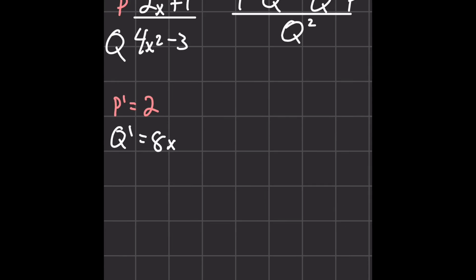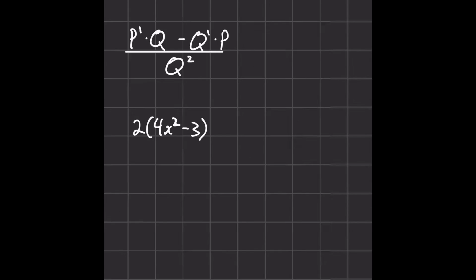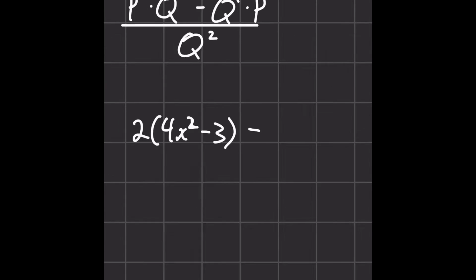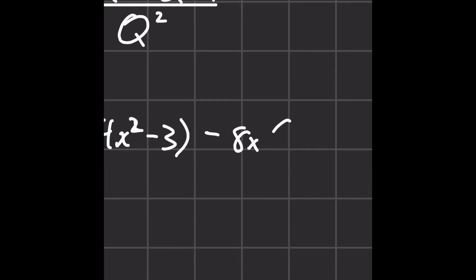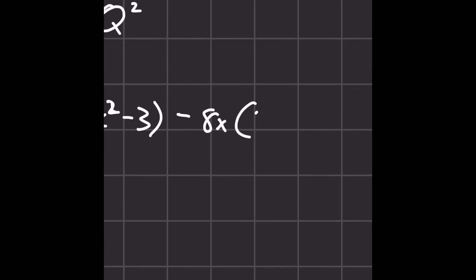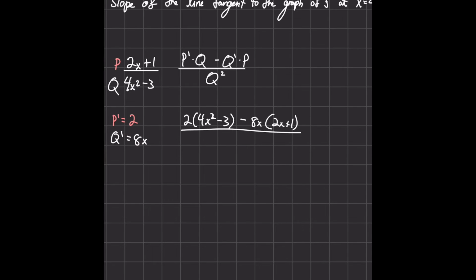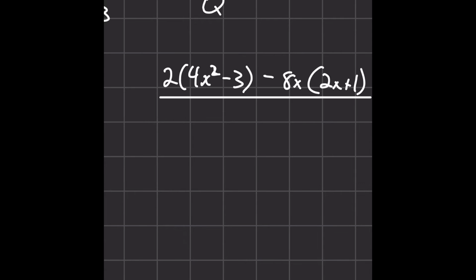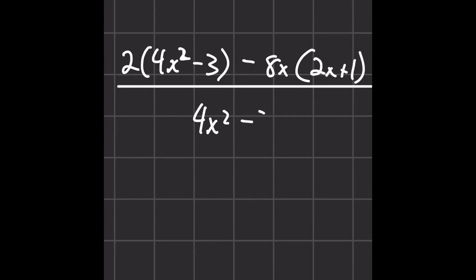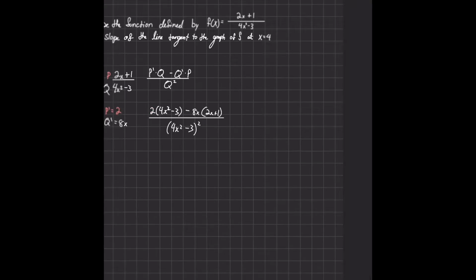So we have 2 times 4x squared minus 3 minus 8x times 2x plus 1 over 4x squared minus 3 squared.